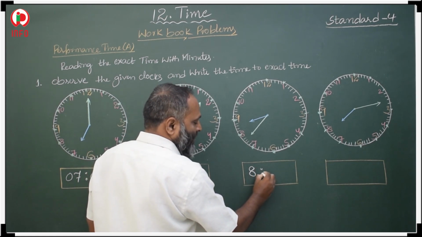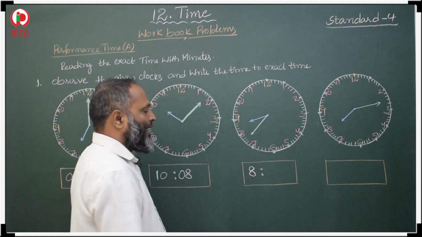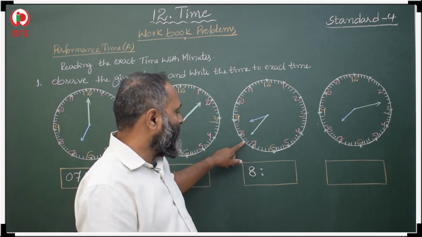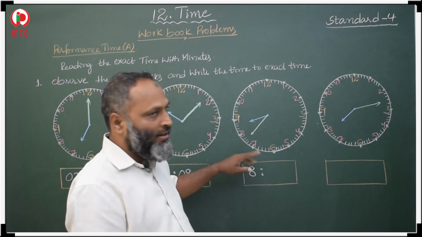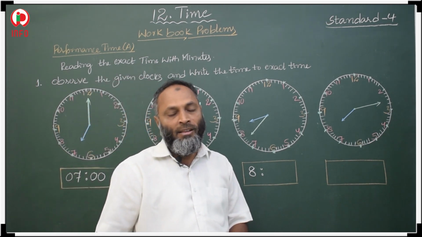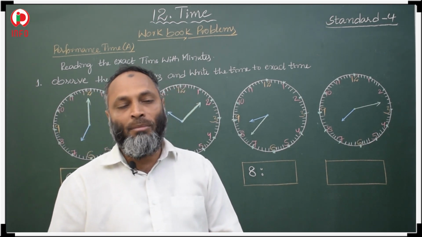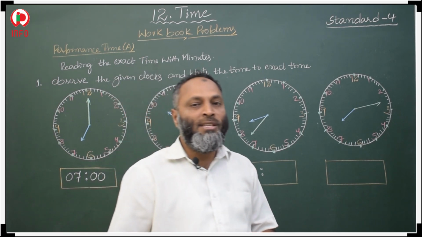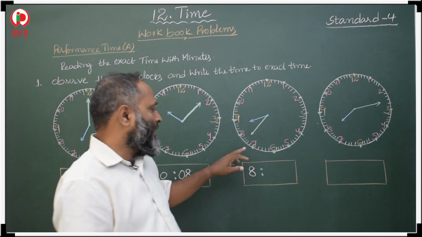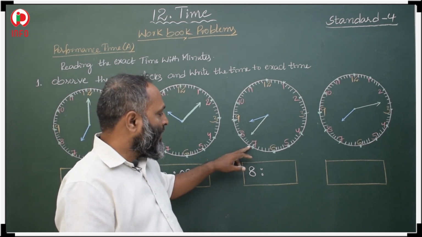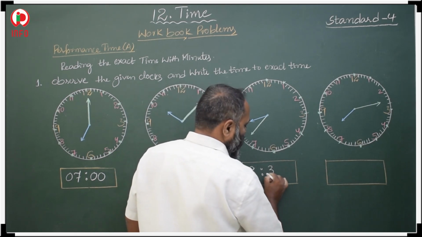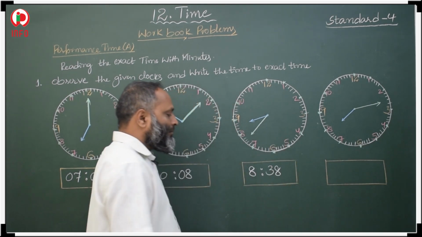Then the minutes hand is after 7. If the minute hand is at 7, then 7 fives are 35 minutes completed, and then 36, 37, 38.